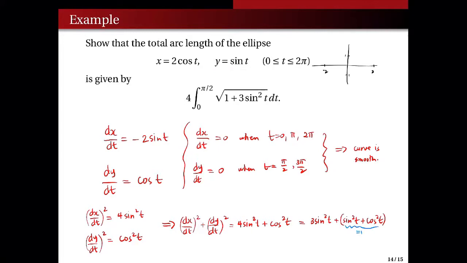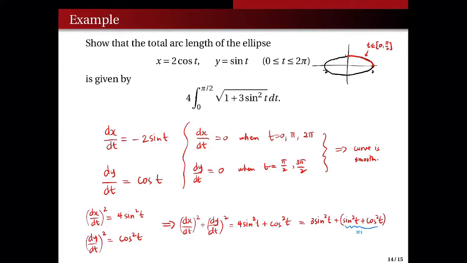The ellipse will be something like this. Now, from this point up to this point here, that's the interval t from 0 to pi over 2.